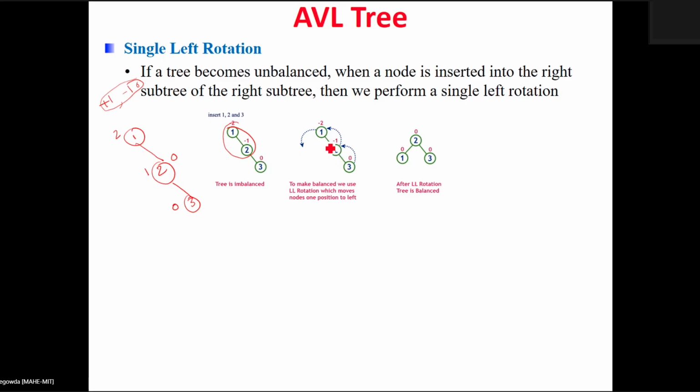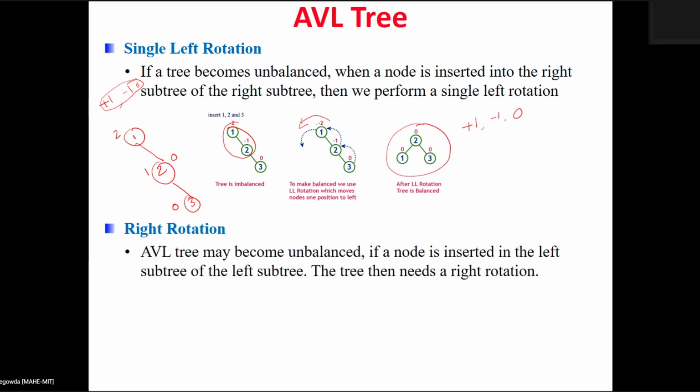When you do the rotation, the node 1 is going to become the left child of 2. After the left rotation, the resultant tree will be like this. If you calculate the balance factor, it is within the admissible range of +1, -1 and 0. Here the balance factor for all the nodes is 0.